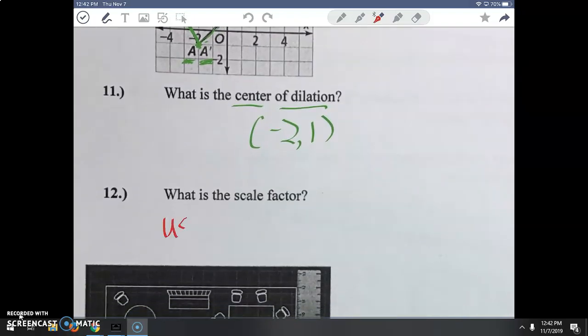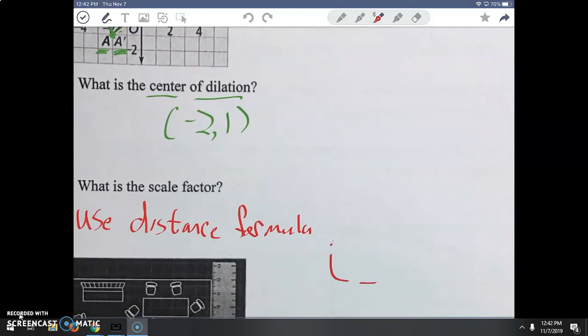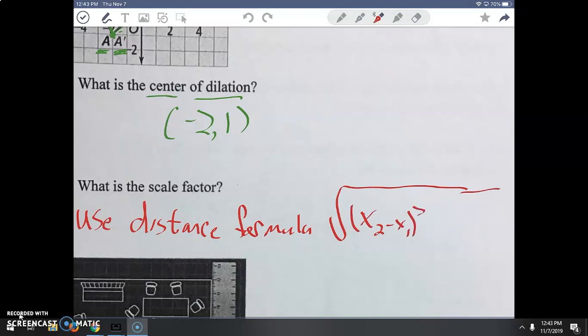We'd have to use the distance formula, the long formula, and then do the pre-image over the image, and that's what you end up getting. It just so happens in this one, it's going to be 3 over 2. It'd be a long way to go, so I'll just go ahead and help you out with that one.